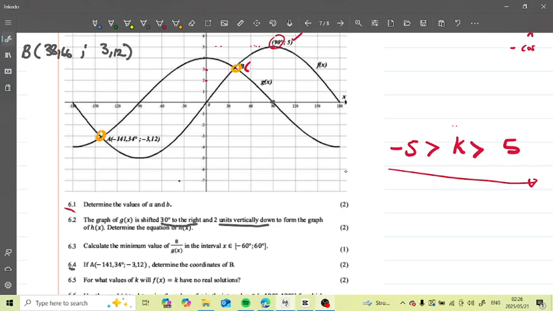So let me just erase here. Now, let me highlight my g of x graph in green.